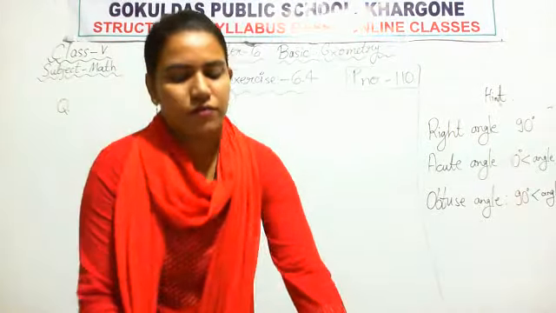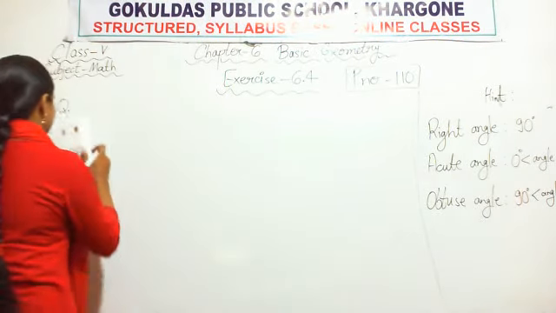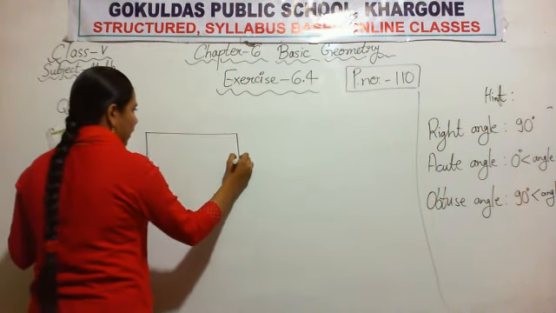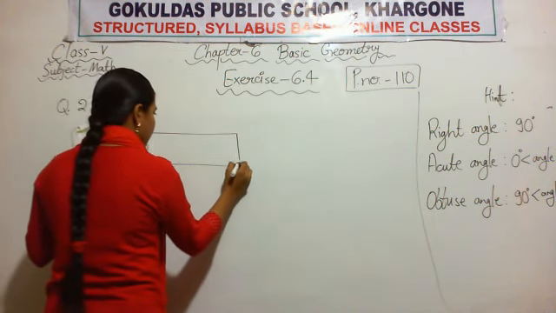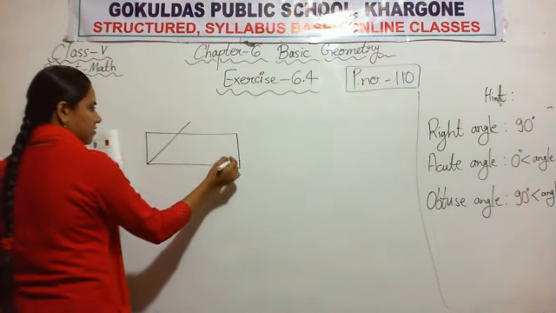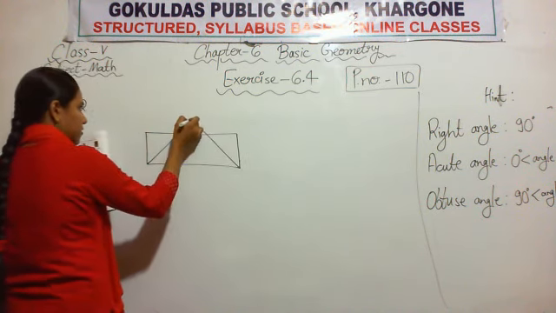Question number 2. A figure is given like this. One rectangle is drawn and on that rectangle a triangle is formed like this.